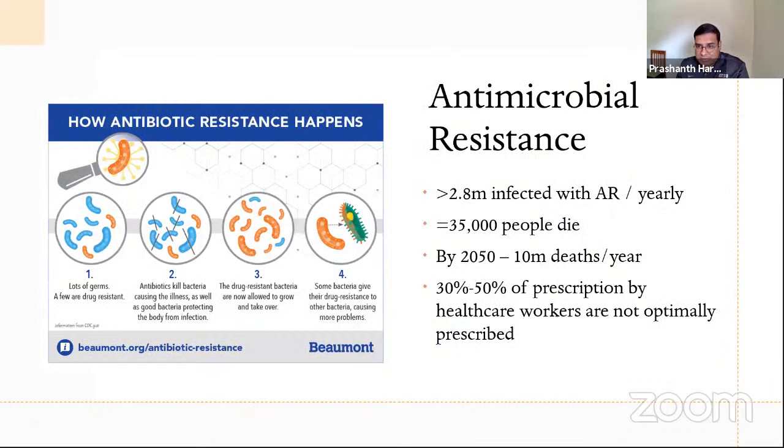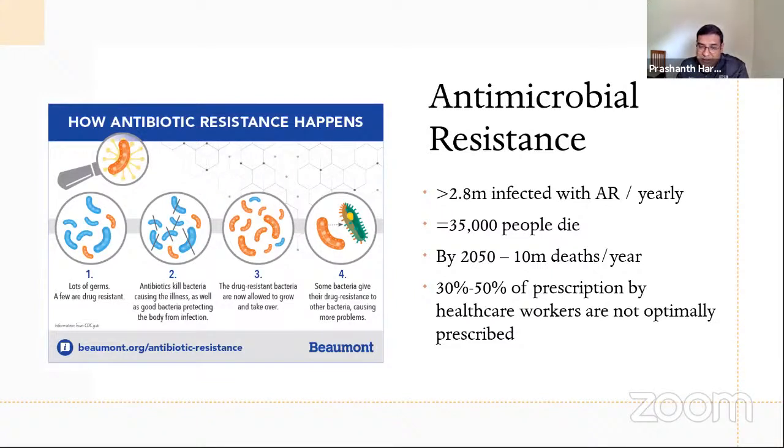So how does antimicrobial or antibiotic resistance really happen? If you look at the statistics, 2.8 million people are infected by antibiotic resistance yearly, and close to 35,000 people die because the antibiotics don't work at the appropriate time and in the appropriate situation.